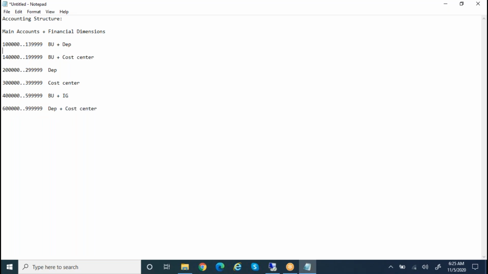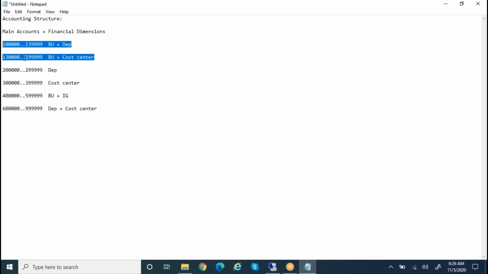Yes, you can create. You can create any combinations, but you cannot create like this. Here there is an overlap. So the system will not allow adding this structure to the ledger form because there is an overlap.